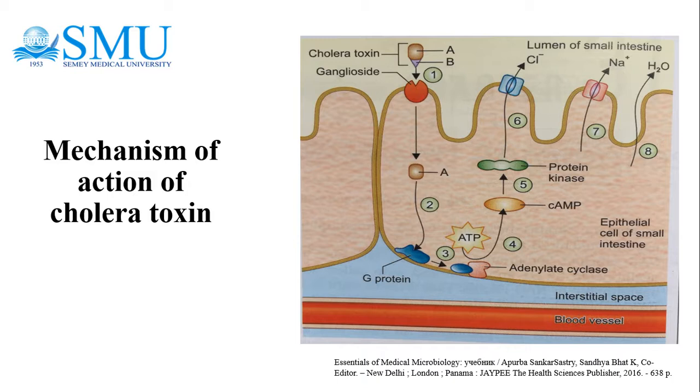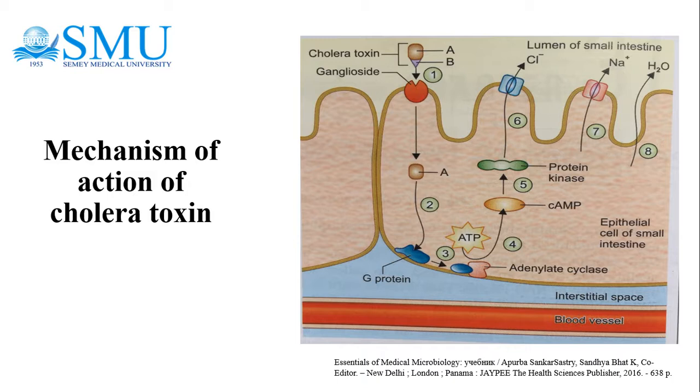It binds to GM1 ganglioside receptors present on the intestinal epithelium, following which the A fragment is internalized and cleaved into A1 and A2 peptides. Fragment A2 helps in tethering A and B subunits together, and fragment A1 is the active fragment, causing ADP ribosylation of G protein, which upregulates the activity of adenylate cyclase.